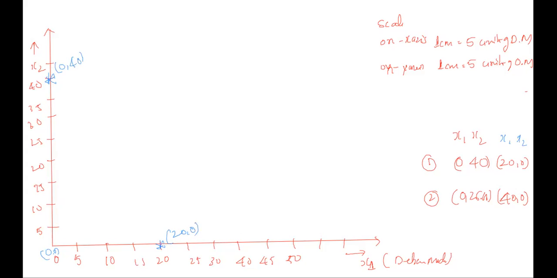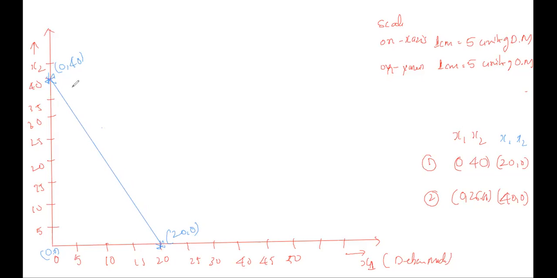So now what we have to do is draw a straight line by joining these 2 points. Okay. So from this 0, 40 to 20, 0, draw a line. So what does this line indicate?